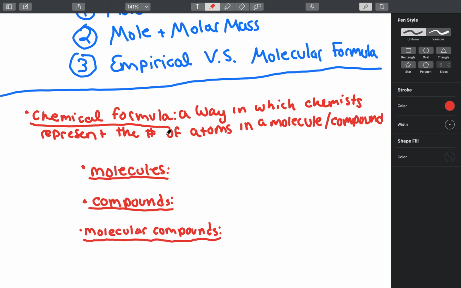So the chemical formula is a way in which chemists represent the number of atoms in a molecule or compound.